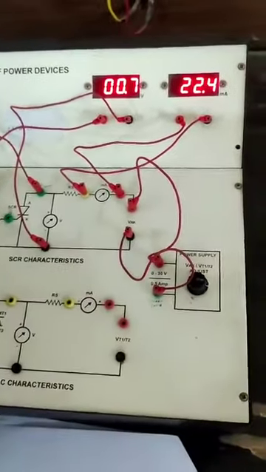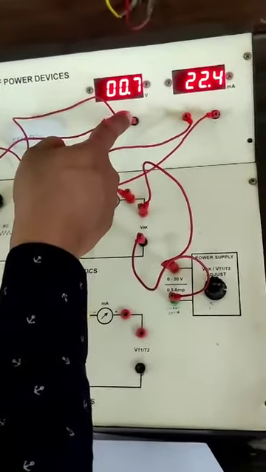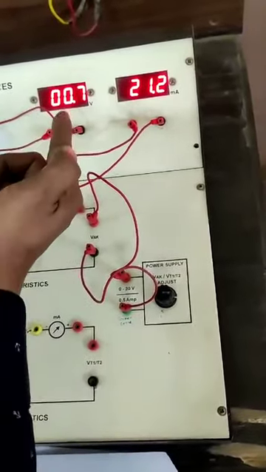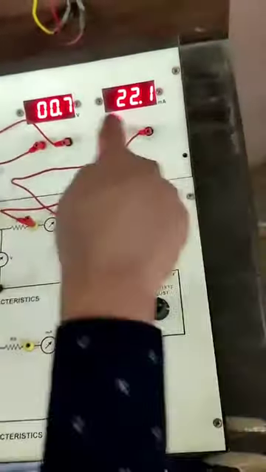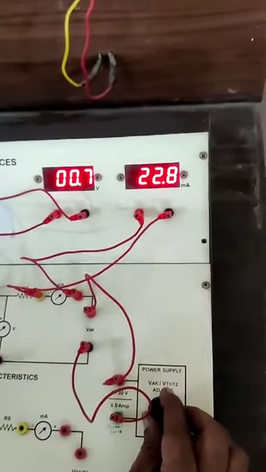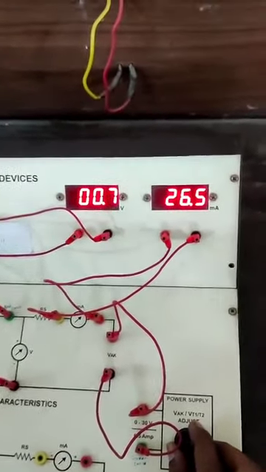So when you are giving the voltage to the gate, the anode voltage is decreased. It is up to 0.7 and now the current will be increased. That is called the conduction. Now you are increasing the voltage, so your current also increases.